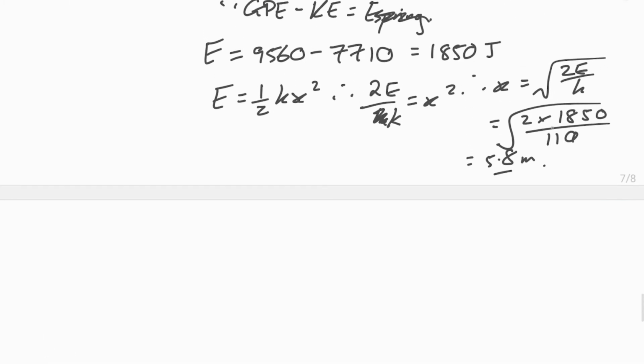6.4, deduce the tension in the rope when the kinetic energy of the buoy is at a maximum. Give a reason to support your answer. Okay, so tension in the rope. Hang on a minute. Look, we've got the energy stored, haven't we? That's easy. We have the extension and the energy stored.